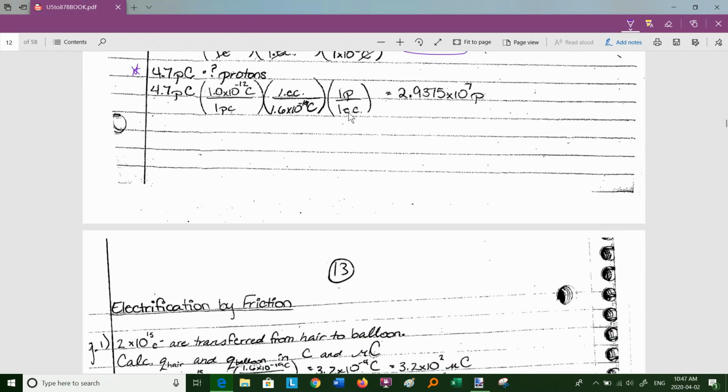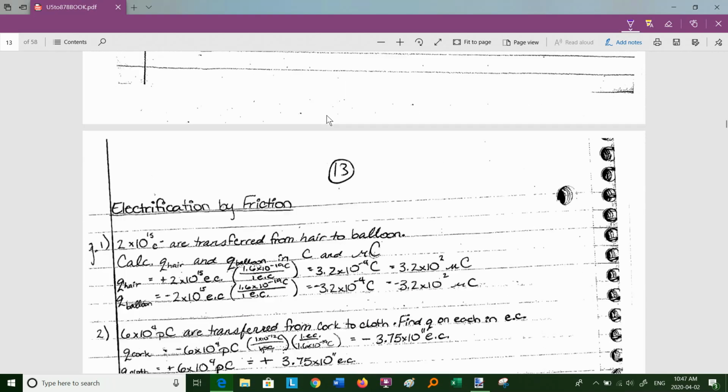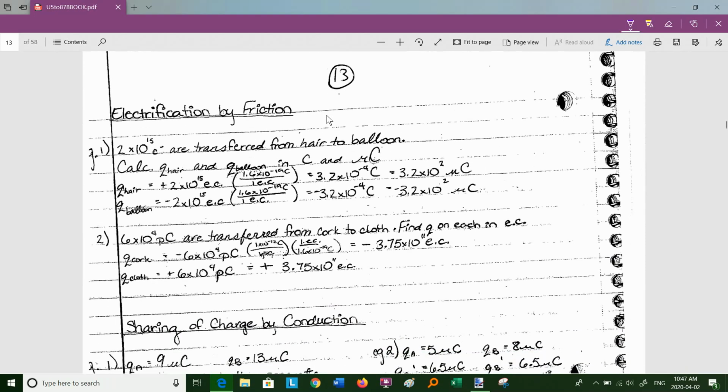Put that all together, and you get 2.9375 by 10 to the 7 protons. Okay, so that's just a bit of practice in terms of doing conversion factors. Good? Great.